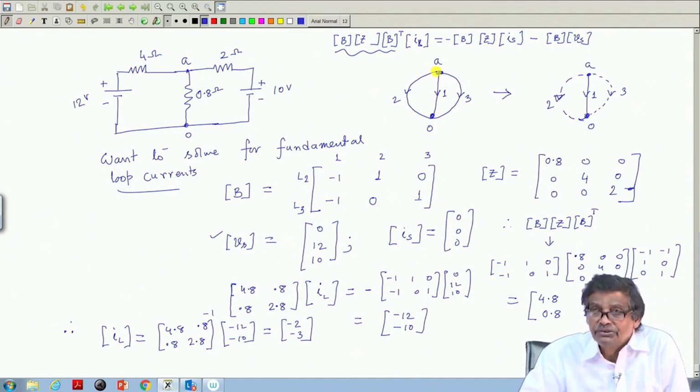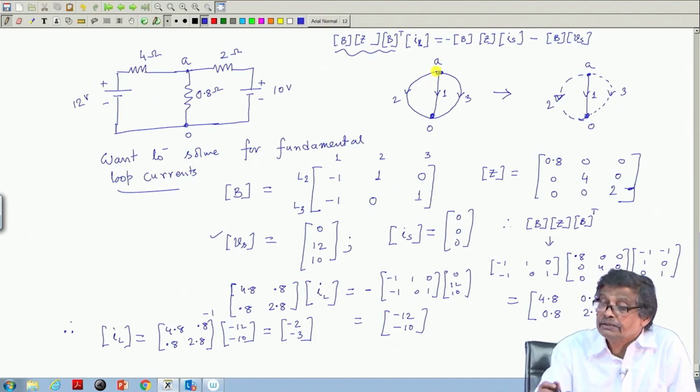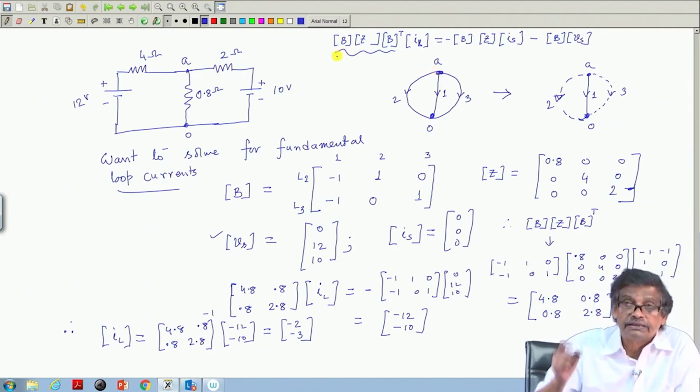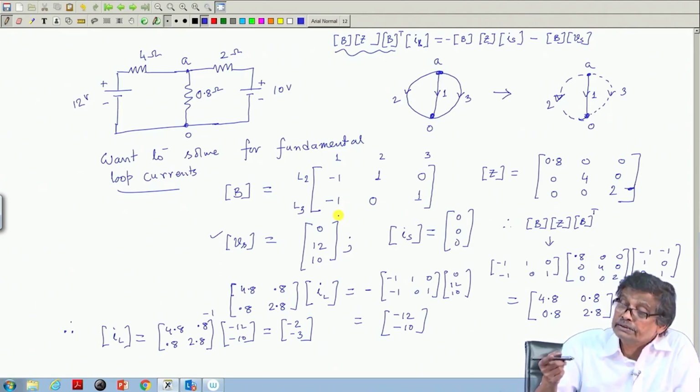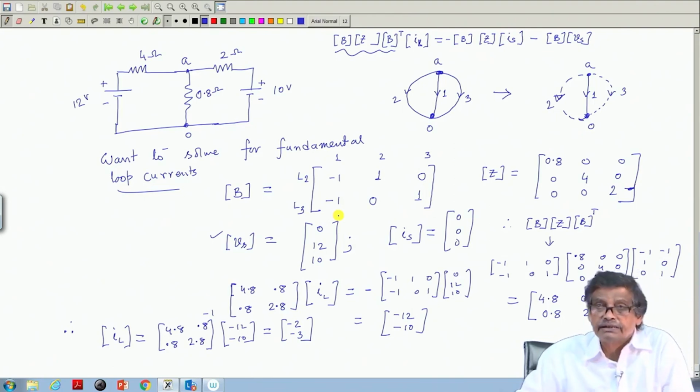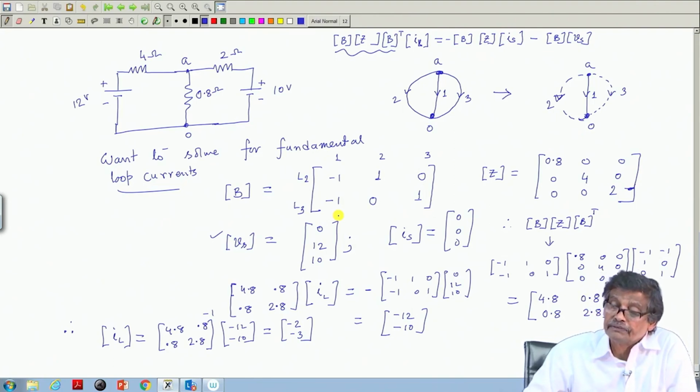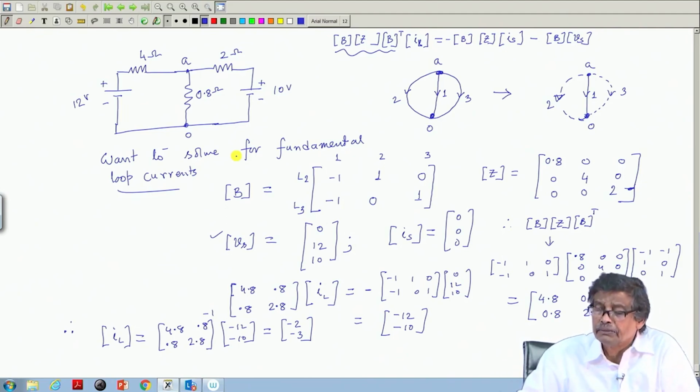But here it is to highlight what exactly you have to do, you know now, that is a complicated network: formation of B matrix, you have to do ones which have only entries plus 1 minus 1, correctly do that, then get the impedance matrix is also easy to obtain, see the elements, source voltage and source current column vectors you can easily write. Let it be very big networks, do not worry about that.